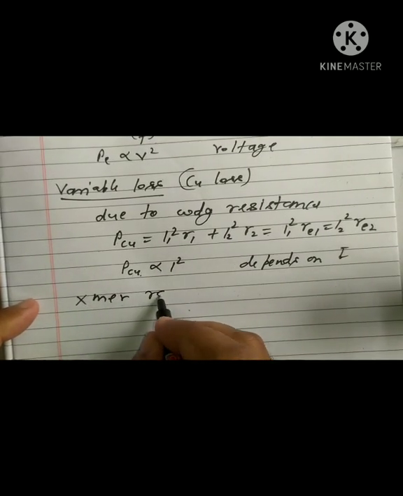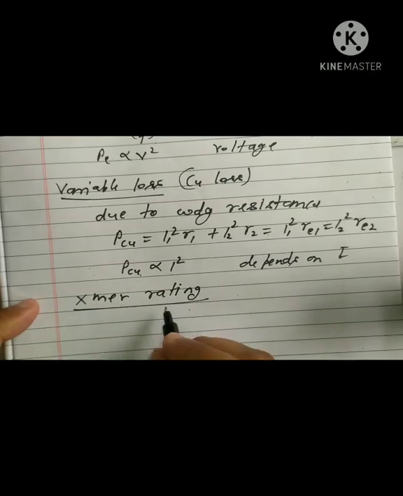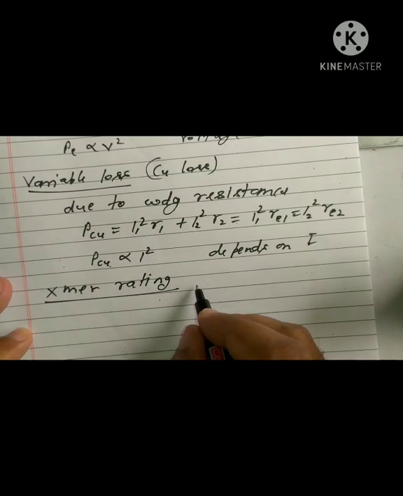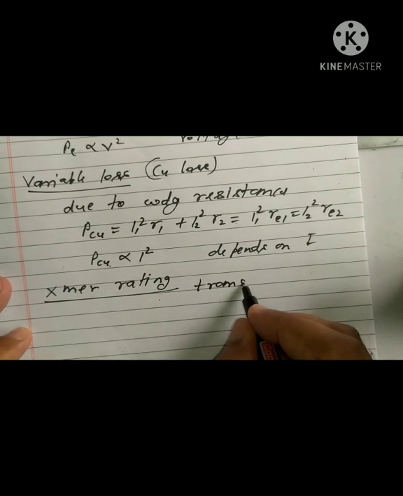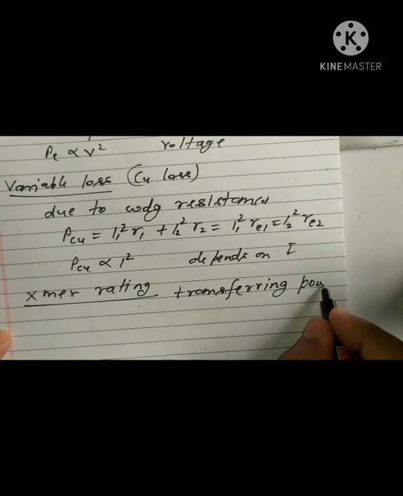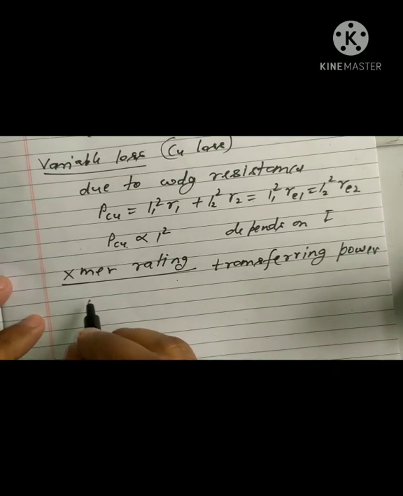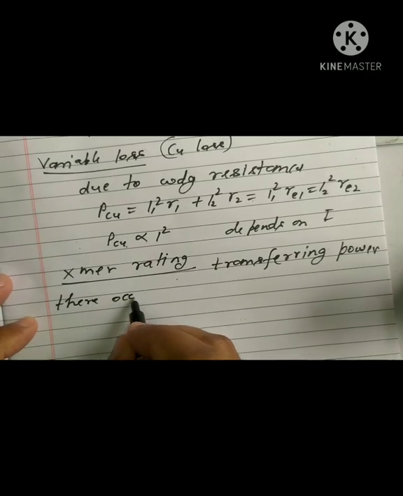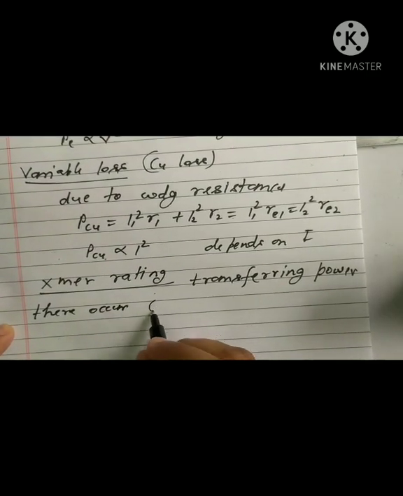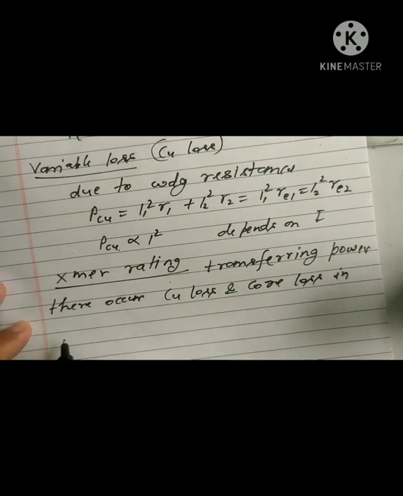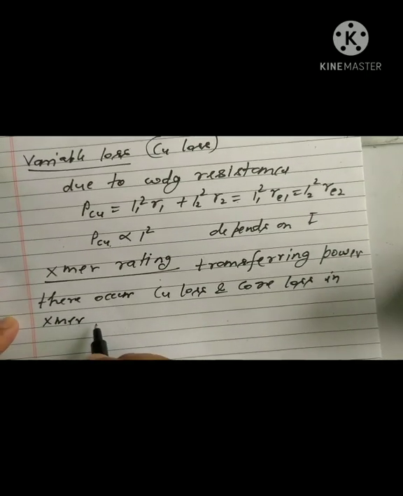So based on this we can go for transformer rating. While transferring power, there occur copper loss and core loss in the transformer, right?